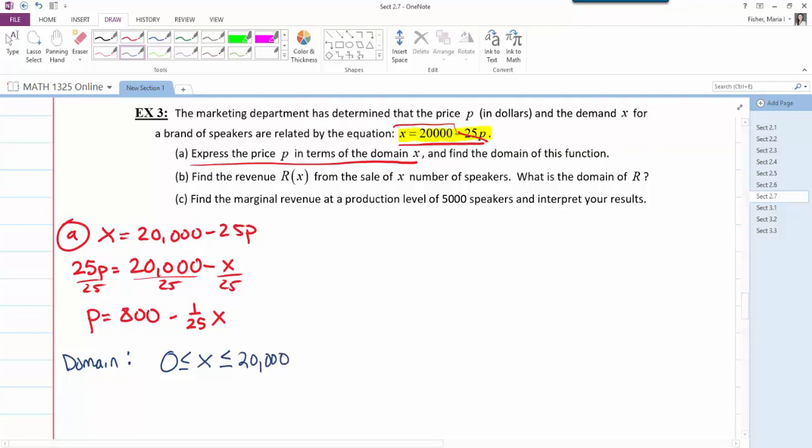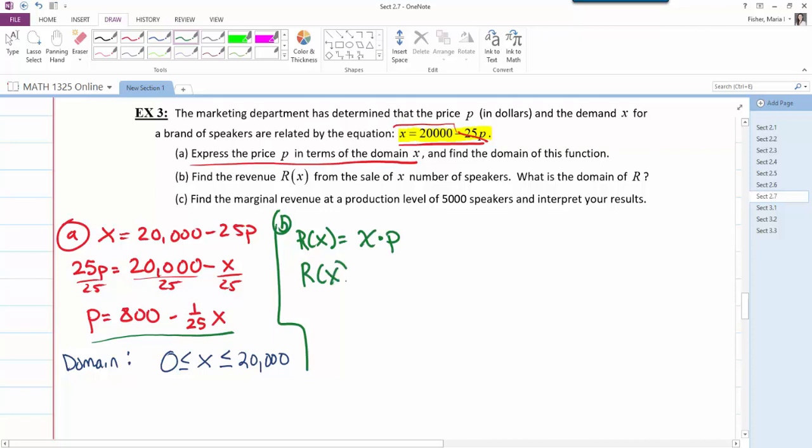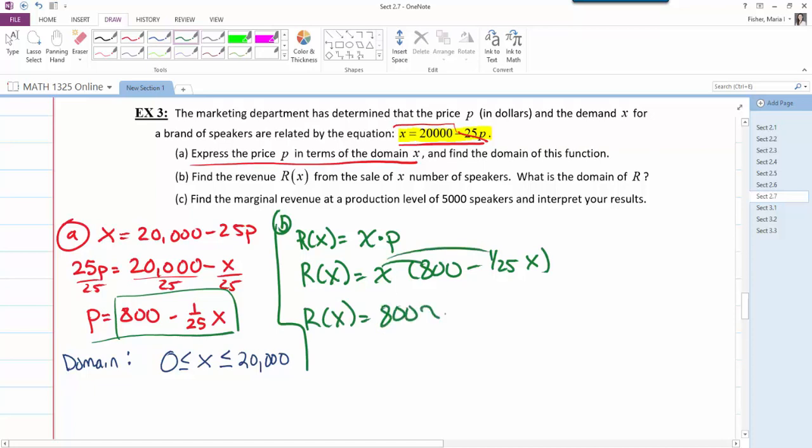Part B is find the revenue function from the sale of X number of speakers and find the domain of the revenue function. Well, the revenue function is R of X is equal to X times P. So R of X in this case is going to be X times 800 minus 1/25 X. If I distribute my X to both of these terms, I get 800X minus 1/25 X squared.